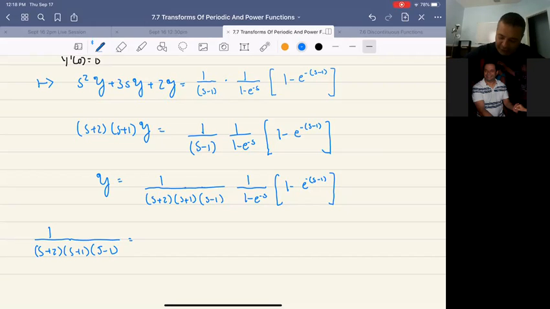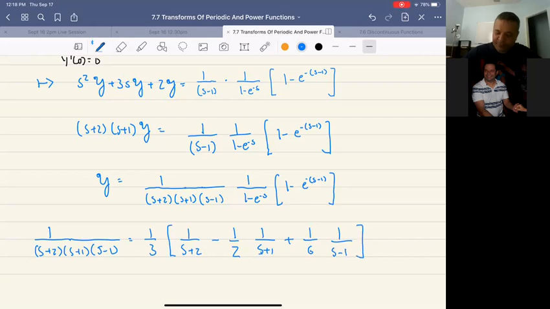So this is 1/3 times 1 over s plus 2, specifically because this one's a really easy one, minus 1/2 times 1 over s plus 1. This is a very standard partial fractions, plus 1/6 times 1 over s minus 1.